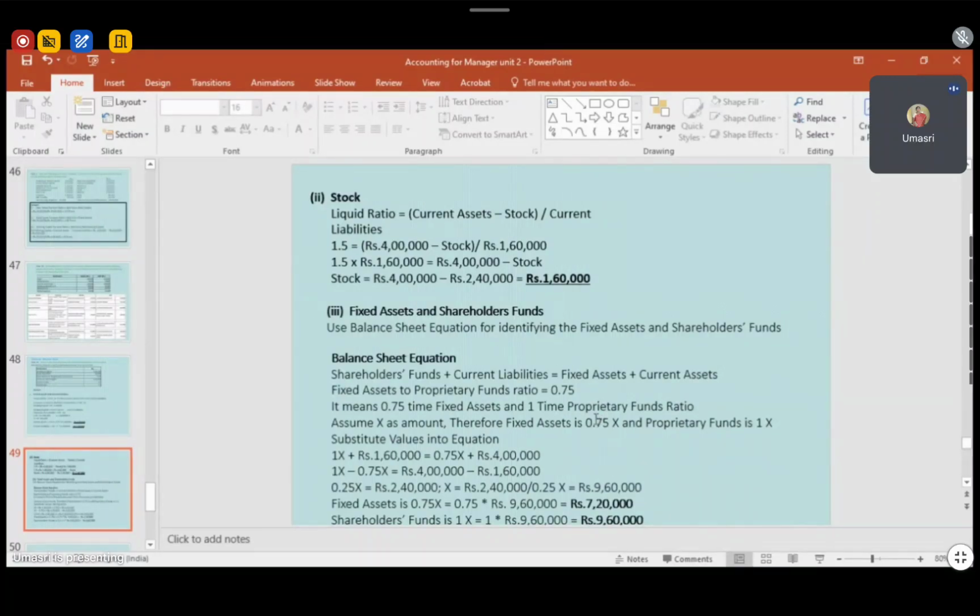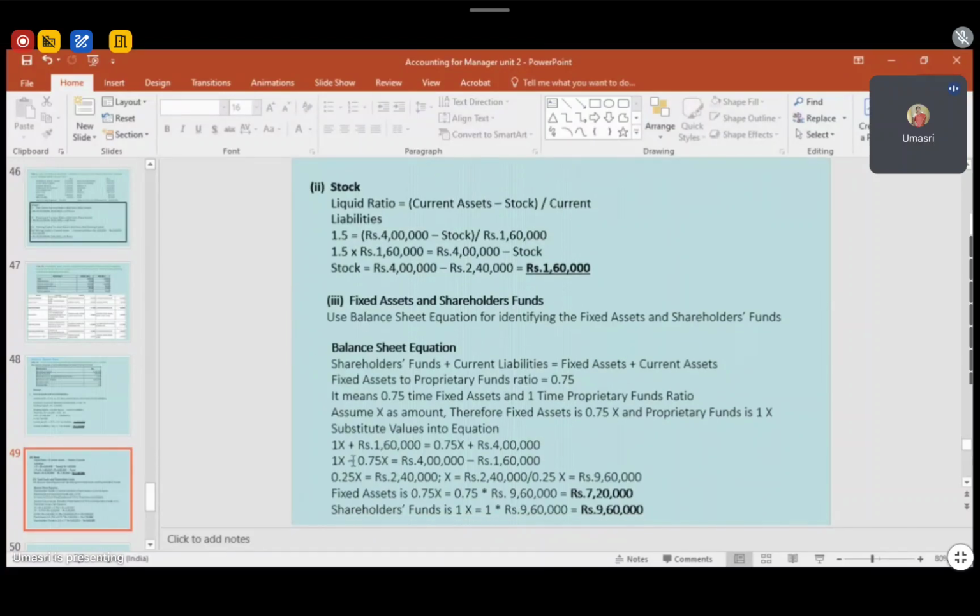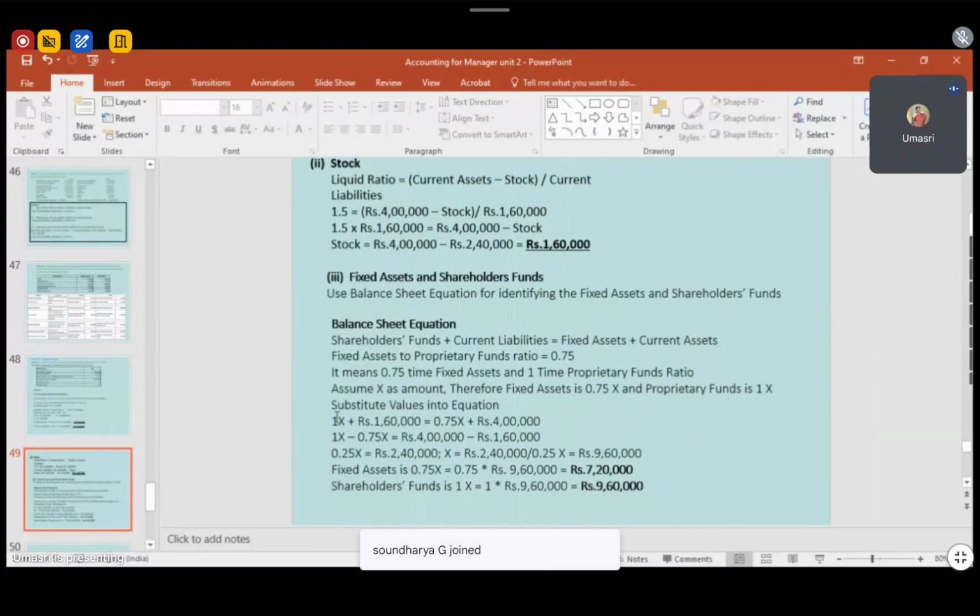So let us take this equation: 1x proprietary fund plus current liability of 1,60,000 is equal to fixed asset 0.75x plus current asset of 4 lakhs, right?